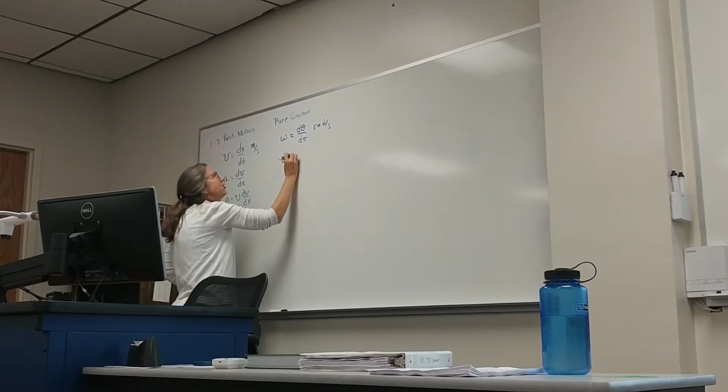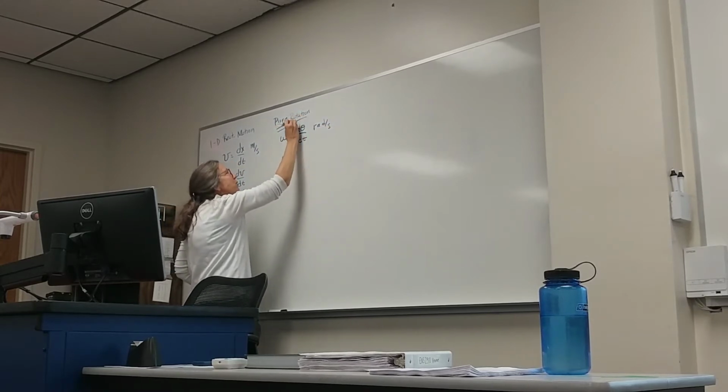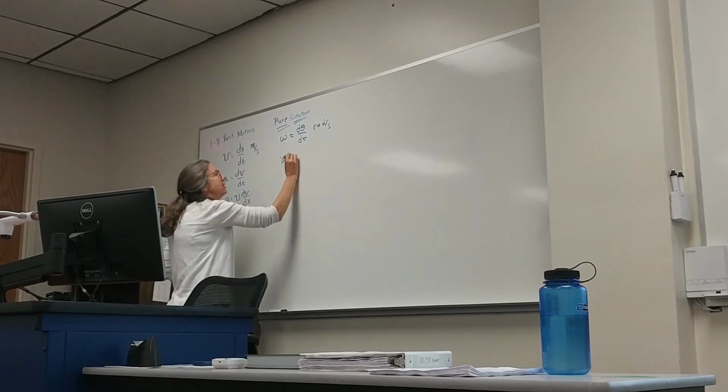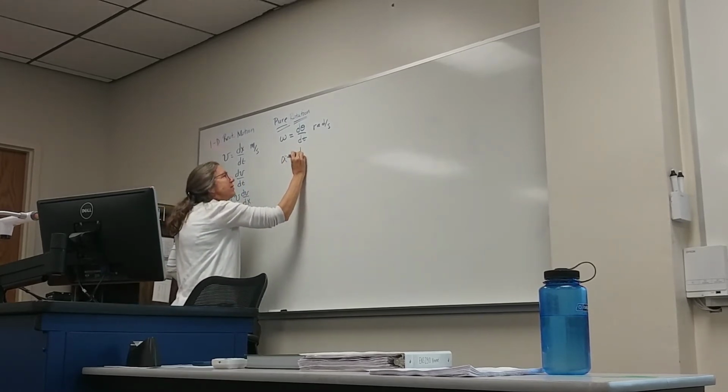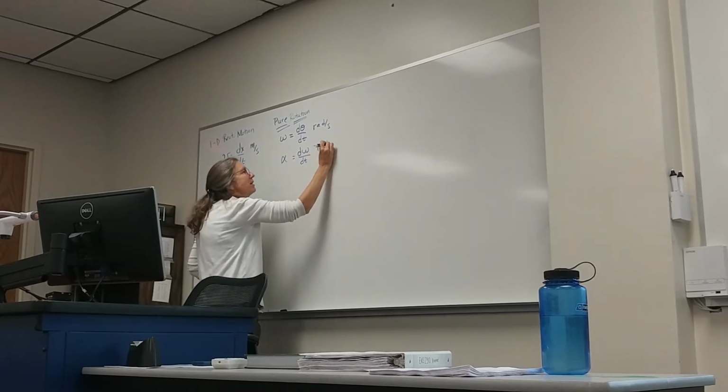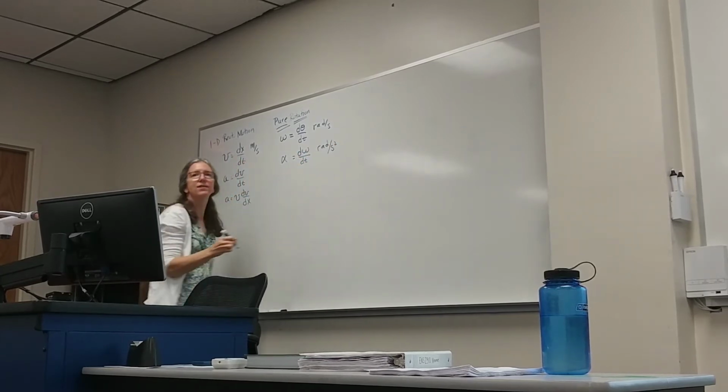Angular acceleration, and again, remember this is only for pure rotation. Okay. So angular acceleration is equal to the derivative of angular velocity with respect to time, in radians per second squared.